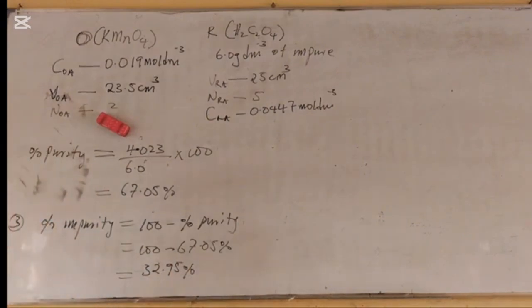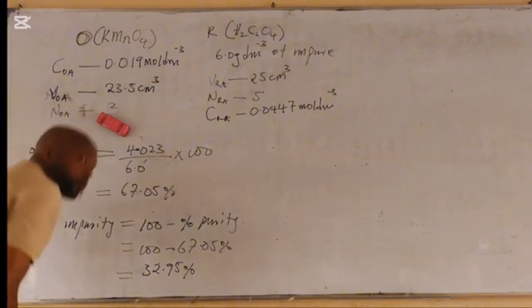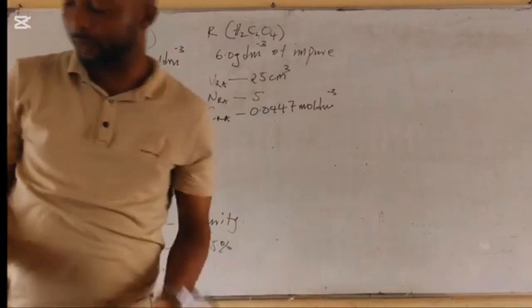So the impure rate of the whole thing is 32.95. So it means the purity status was very high, and that's not a bad one.